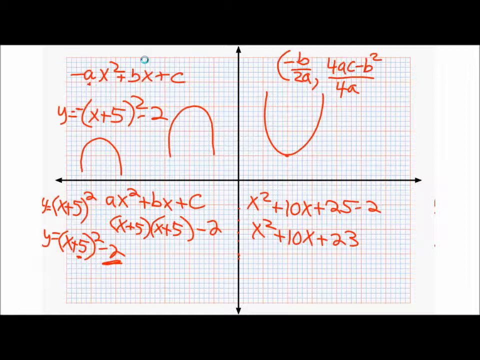So for instance, let's take this equation right here, x squared plus 10x plus 23. Our a would be equal to 1. Our b would be equal to 10. And our c would be equal to 23.